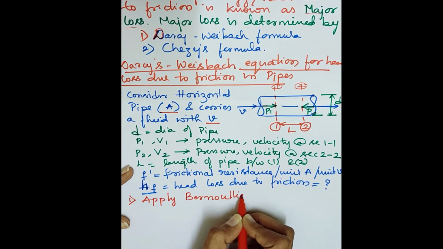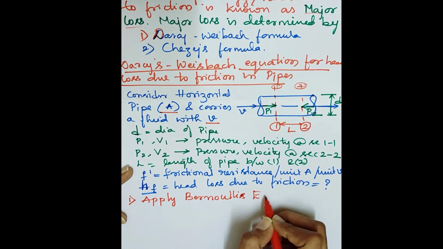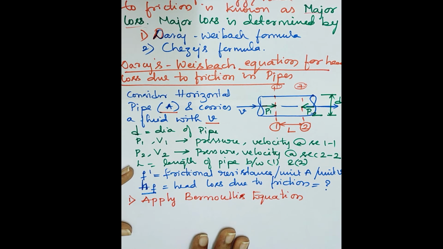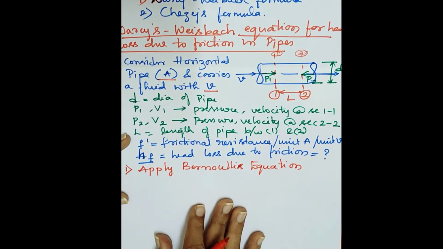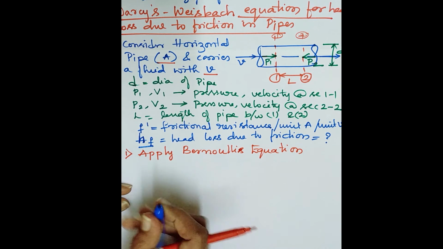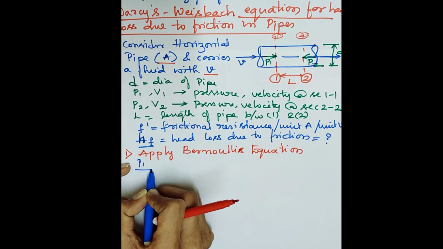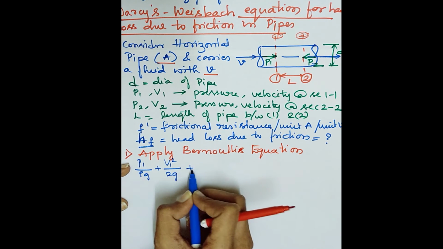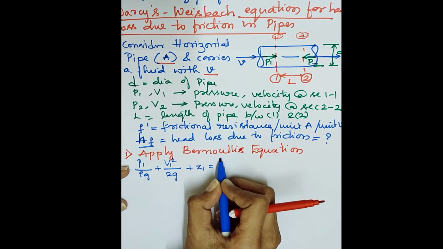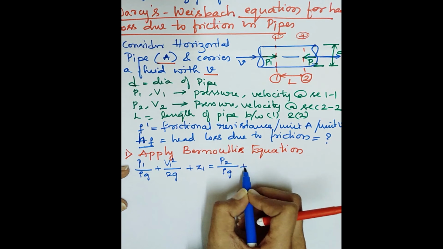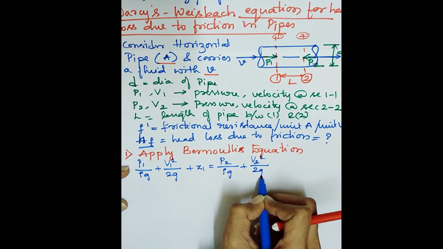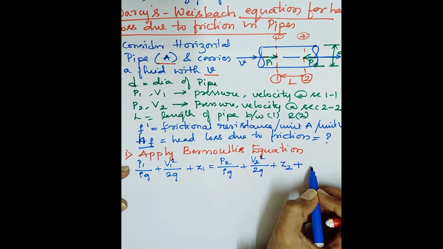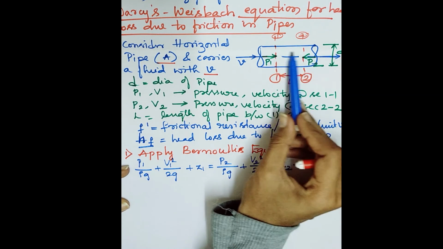Hope you remember Bernoulli's equation. For those two sections, it is P1 by rho g plus V1 square by 2g plus Z1 is equal to P2 by rho g plus V2 square by 2g plus Z2 plus HF.